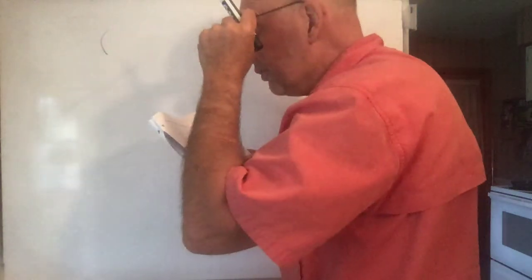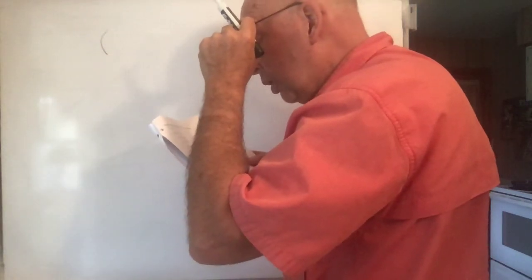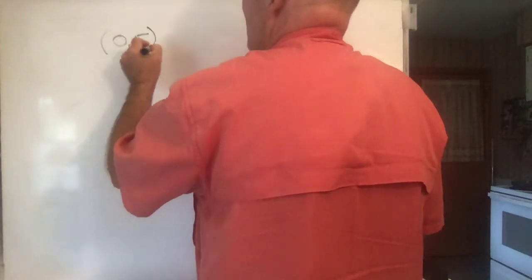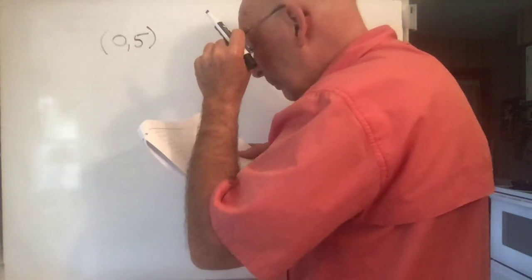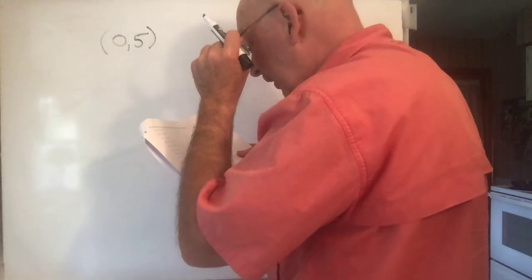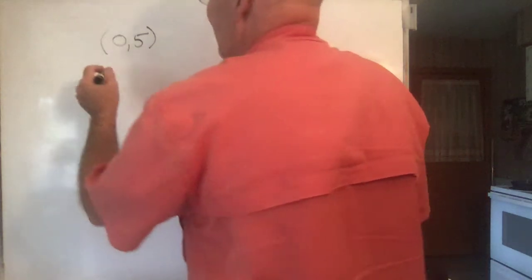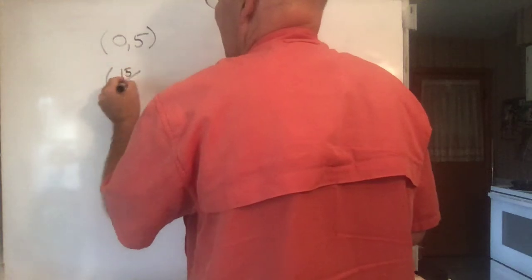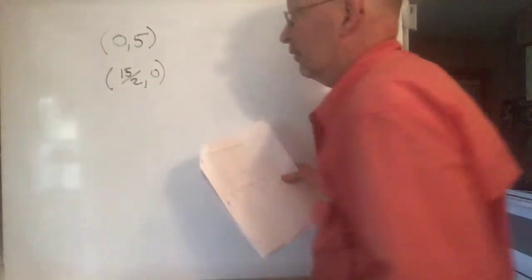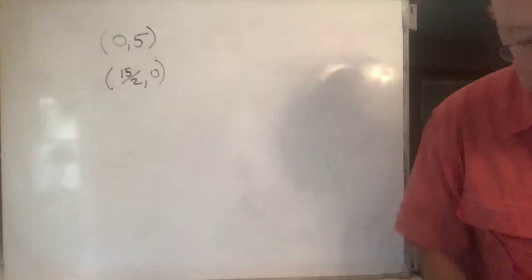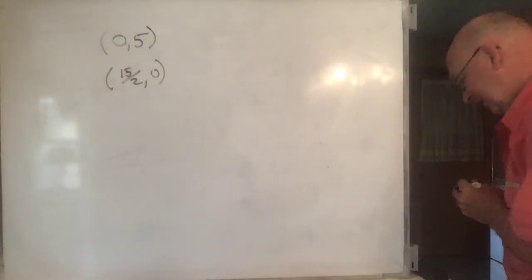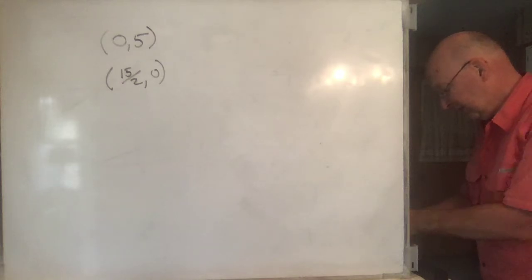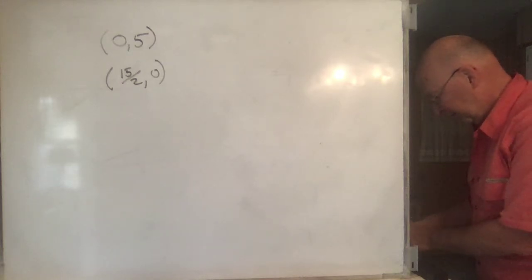I notice the intercepts are 0, 5, and the other intercept looks like 7.5. I'll say 15 halves, 0. So there's the x-intercept and the y-intercept. And as I say, I'll just keep trying to see if I can eventually get myself a marker that works.